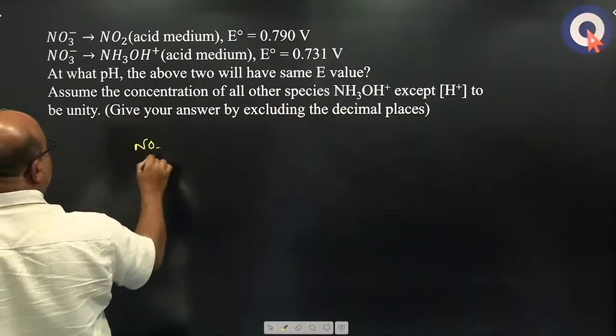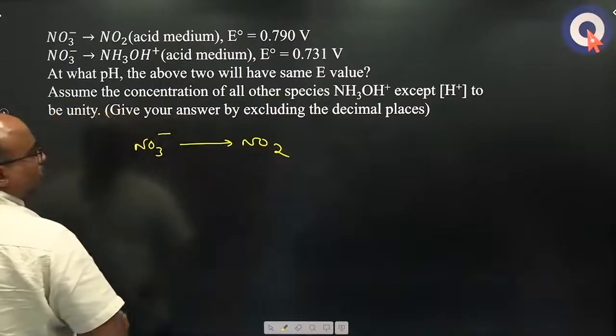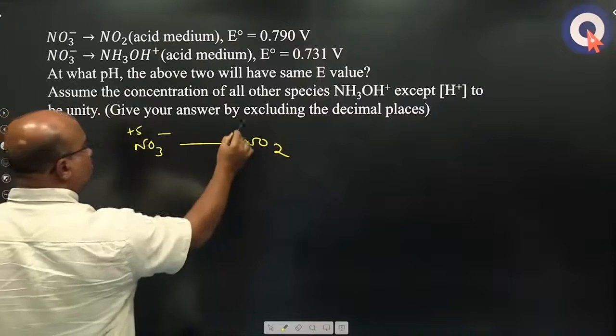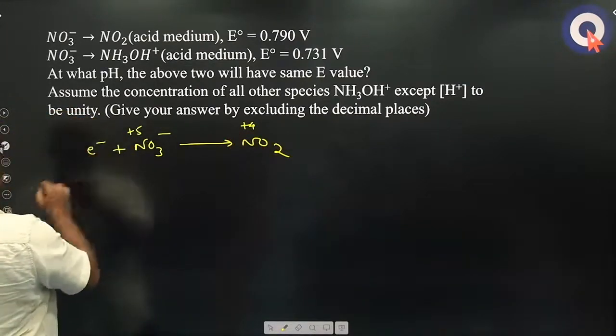So NO3⁻ into NO2. The condition is acidic. This is the +5 oxidation state, and this is +4. So we write 1 electron directly.